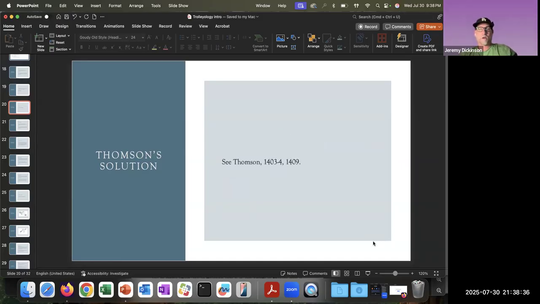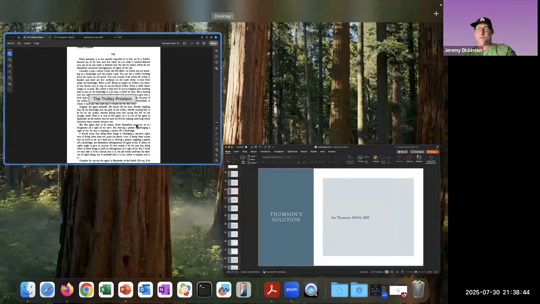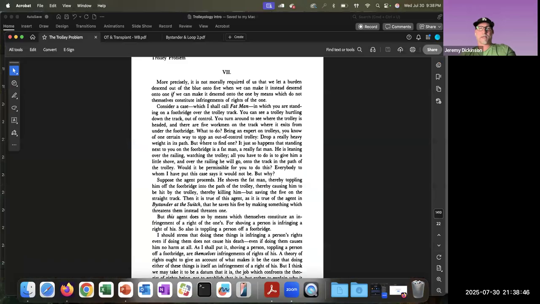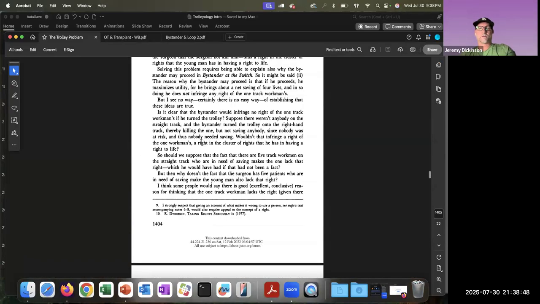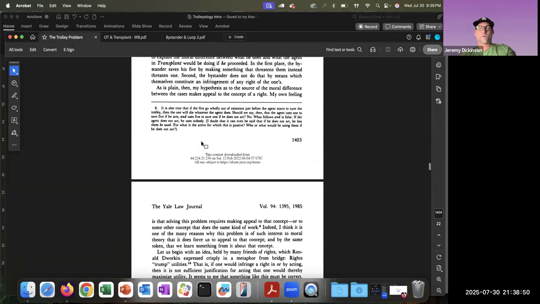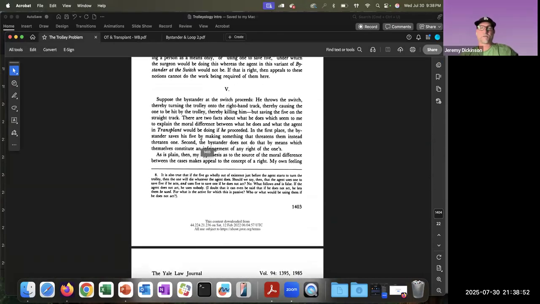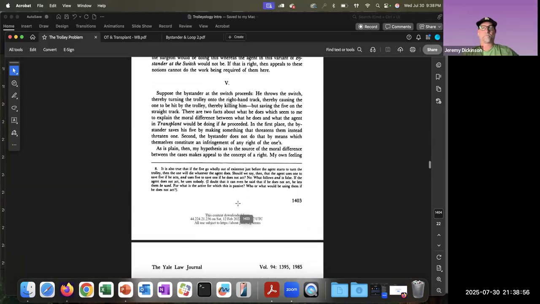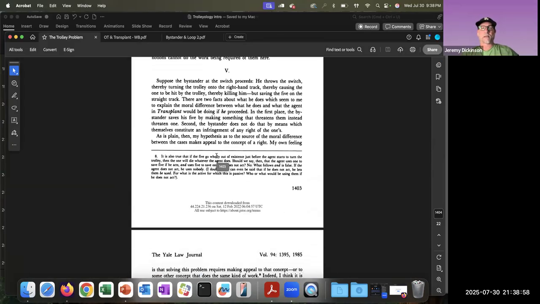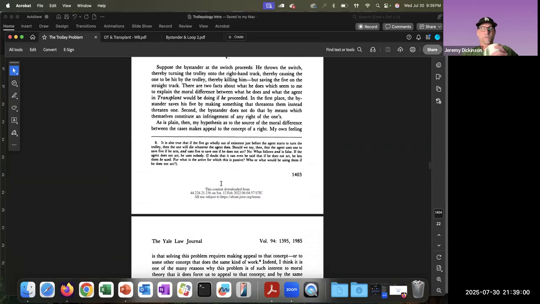Just let me know. I just want to point to a couple of places where Thomson's solution starts to get developed, so you can find it in the text in case you are struggling to do so. So really here, we're in section 5. Let's start with the second paragraph that carries over to page 1404.